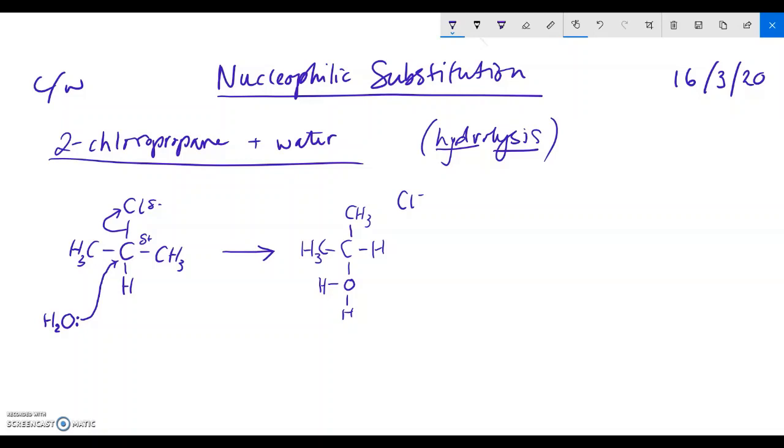Now, to identify where the positive charge is, we need to look to our mechanism and see where electrons are moving away from. And we see electrons moving away from this carbon, but they're also moving towards it. So that's not where the positive charge is building up. The only atom that has electrons moving away from it and not towards it is the oxygen. So the oxygen has a formal positive charge here.